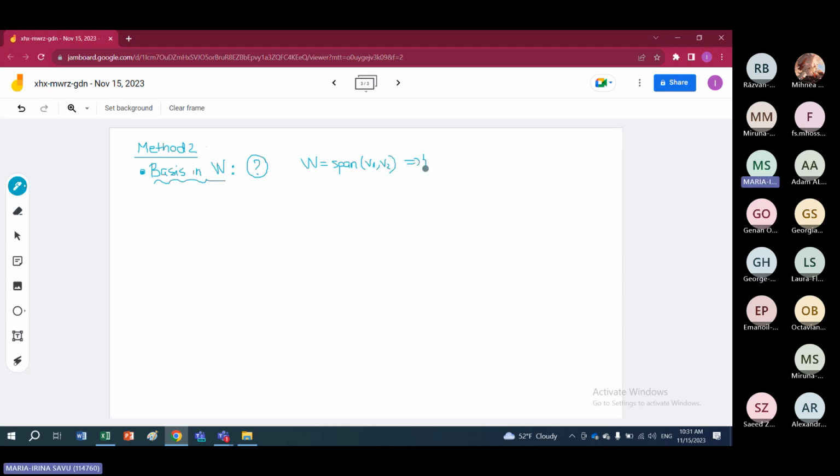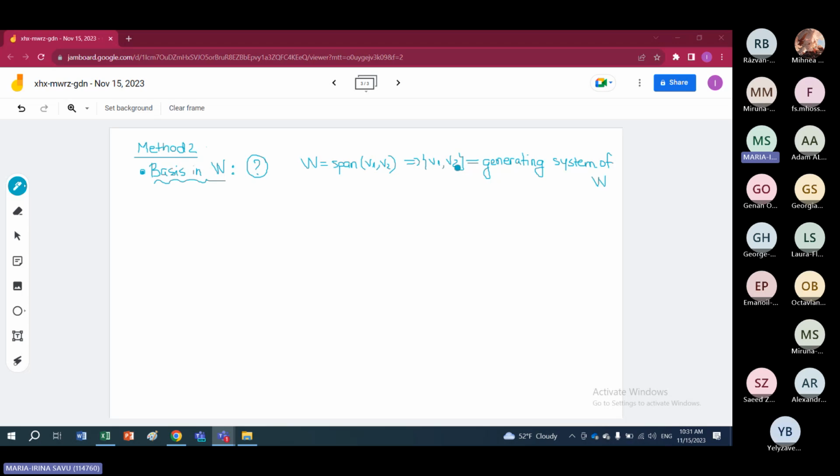So in this case, what is this set for W? It is called a generating system. Actually, I don't know if they are independent or not. I know for sure that they form a generating system of W. Okay, and now I want to see if this is a basis.